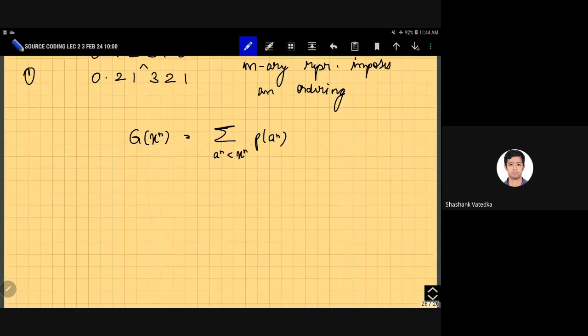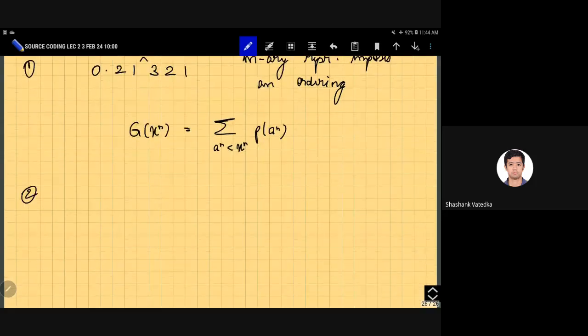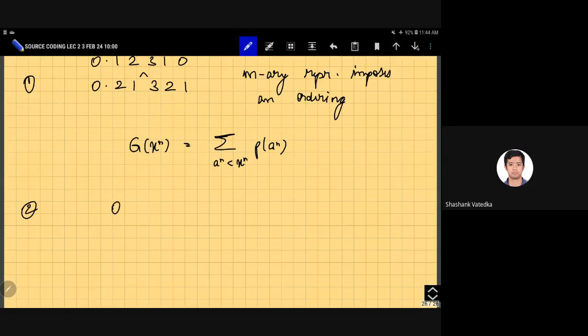And the second very interesting property is this. Let us look at, say, 0.1 and 0.2. Now, if I observe the sequence 1, 3, and I append anything after 0.1, say I observe 1, 3, 2, 1, 0, this is always greater than 0.1 but always less than 0.2.